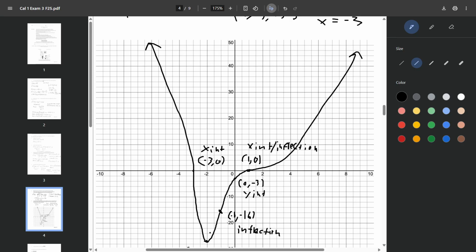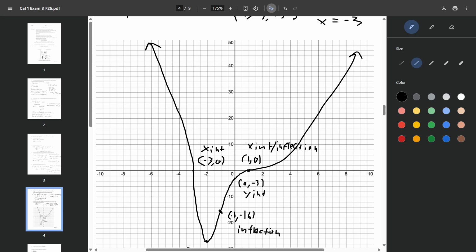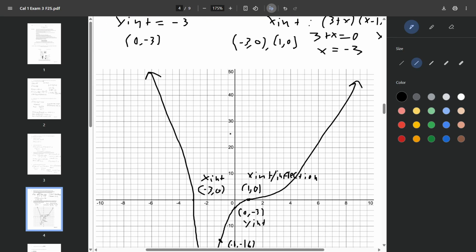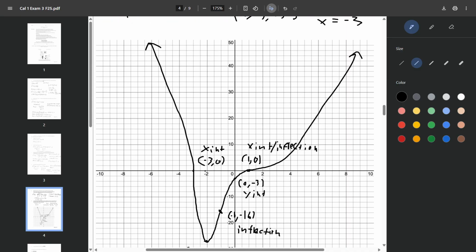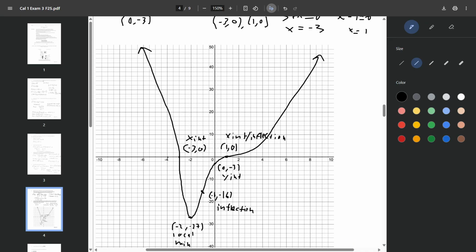We have concave up, concave down, and concave up. Our graph may not be accurate at every single point, but we got every important point labeled, and we have the general shape of what the graph is going to look like.